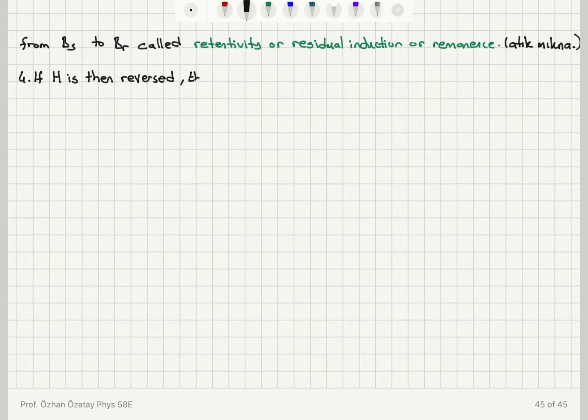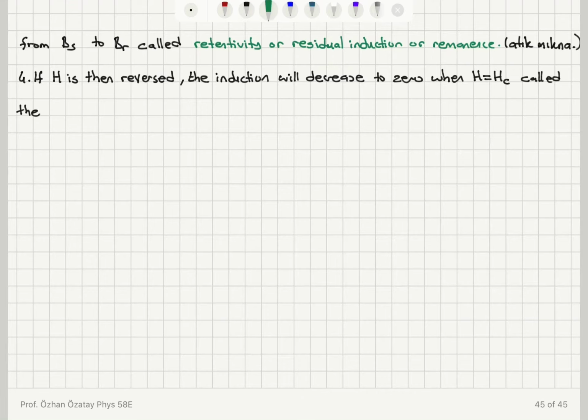The induction will decrease to 0 when the magnetic field H is equal to Hc, called the coercivity, or an unfortunate name, coercive force.